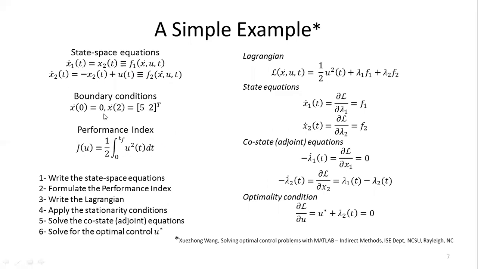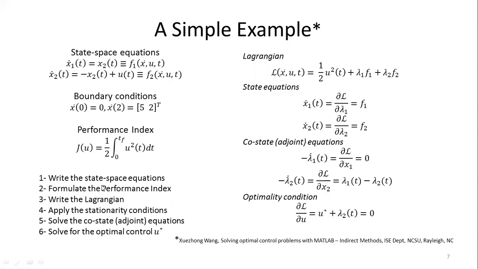The boundary conditions are that X1 and X2 at 0 are 0, and X1 and X2 at time 2 are 5 and 2. We want to carry out an optimization. We want to find an optimal function U of t, which extremizes a functional J, which is going to be a function of our function, which is the optimal control.